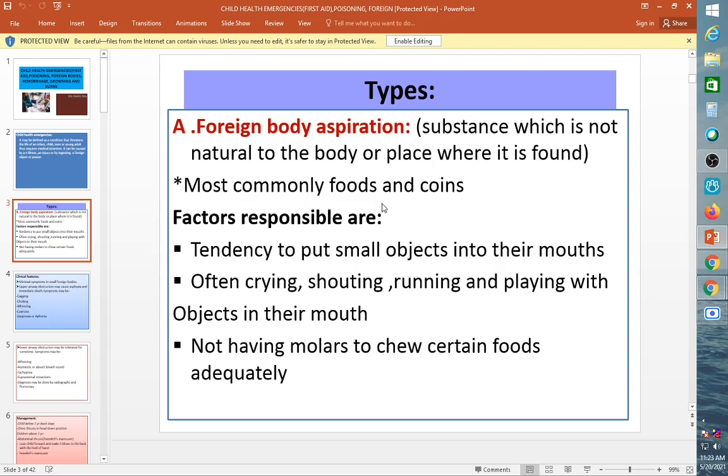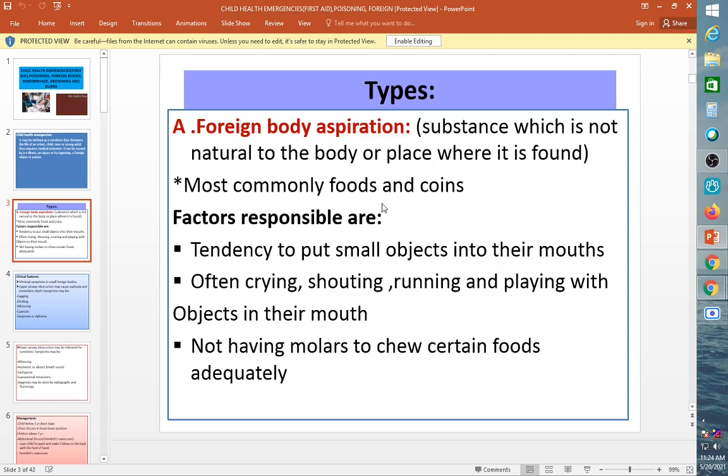So that is a foreign body, and it causes aspiration when the child puts it inside the mouth. Okay, how many of you ingested coins? No? Some of you must have eaten coins, and then your mother had to rush to someone nearby.